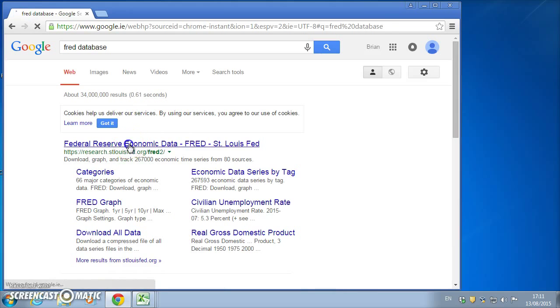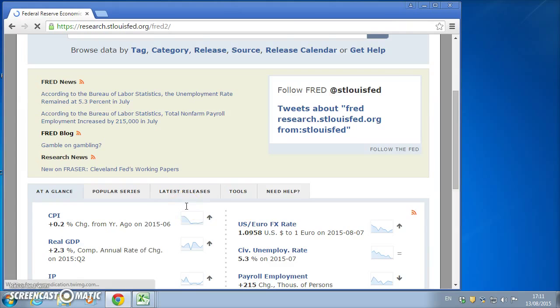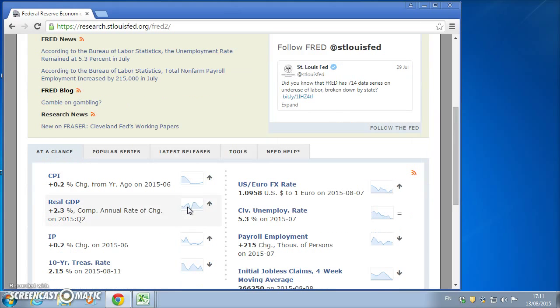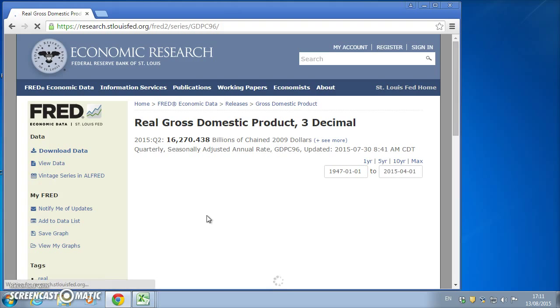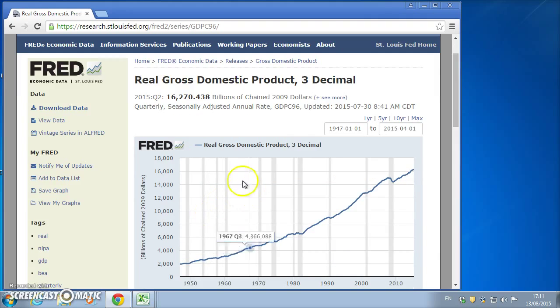And let's click through. For the Taylor rule, we're looking for consumer price index data, inflation data, and real GDP for the moment. We'll focus on real GDP. And we'll look at this series.